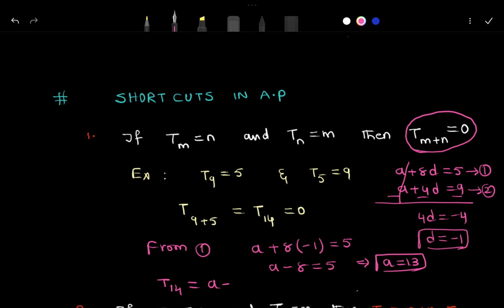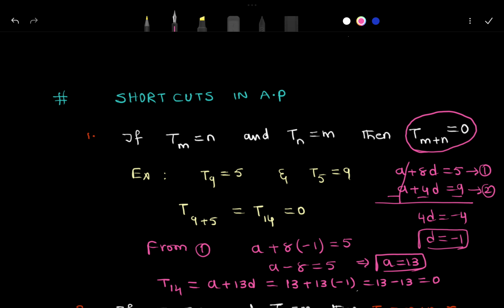Now substitute the A value: A is equal to 13, plus 13 into D, which is minus 1. So that is 13 minus 13. So what is your answer? 0.